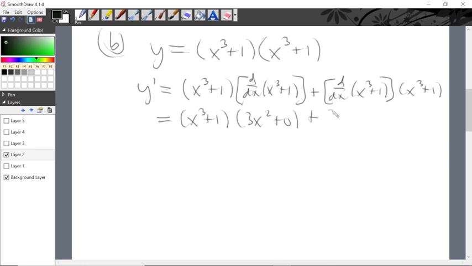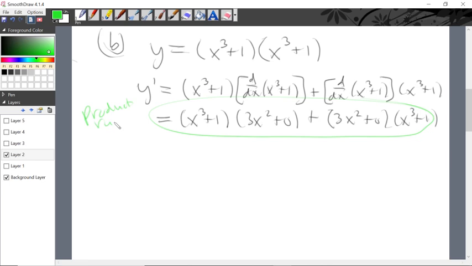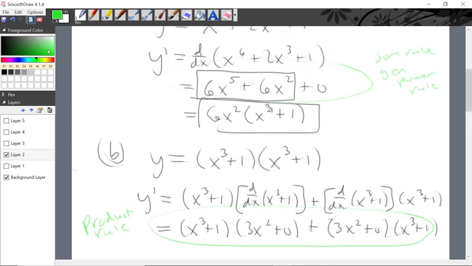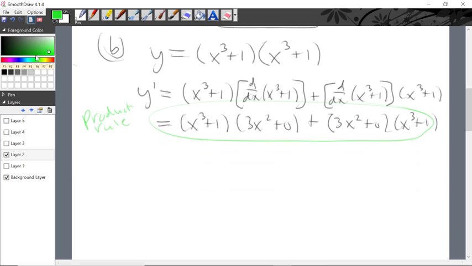All right, so we have x cubed plus 1 times 3x squared plus 0, or just 3x squared. And of course that gets repeated here for this example. We happen to repeat that: 3x squared plus 0 times x cubed plus 1. And in this step, this shows we have done the product rule. Now, is the answer going to be the same as the answer we got up here? Either one of these two answers, which are equivalent? Okay, let's see. So y prime is equal to (x cubed plus 1) times 3x squared plus 3x squared times (x cubed plus 1).